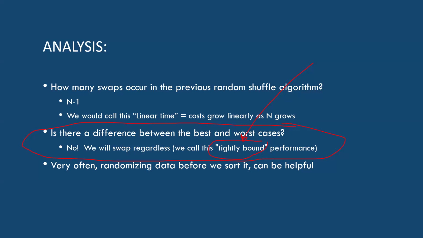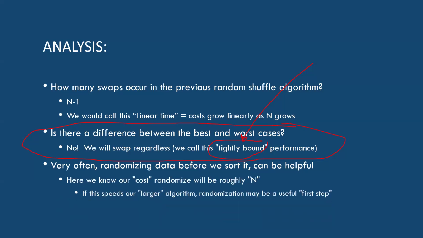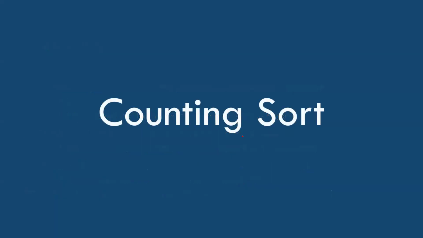That is what we call tightly bound. That algorithm has tightly bound performance. It's not going to wobble a lot depending on the data you apply it to. So that's another key term we want to keep in mind for performance. The lower and upper bound are close to each other, more or less, then we know that's a tightly bound algorithm. Okay, and we'll run into that more.